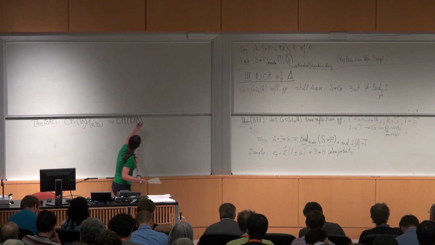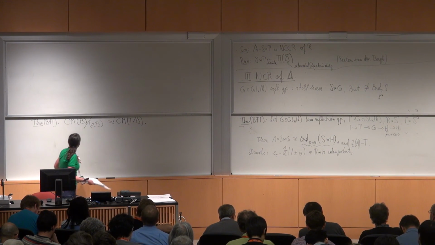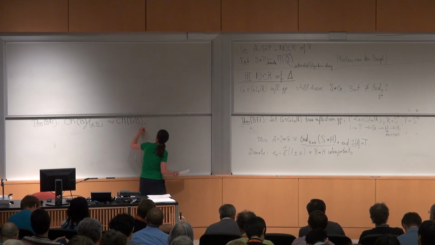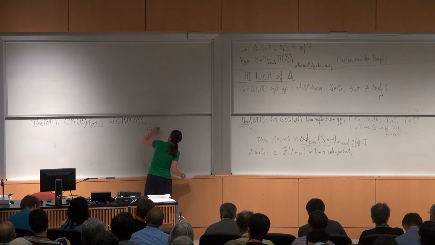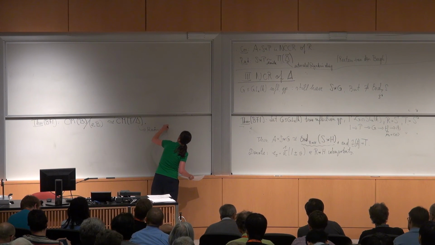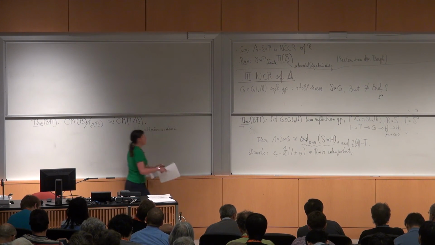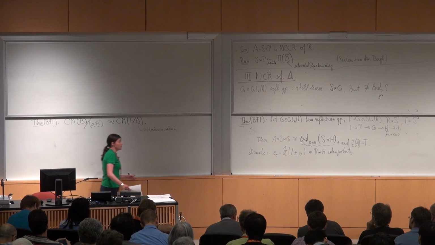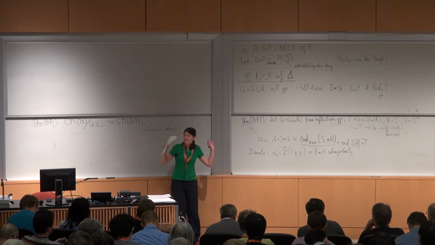This is following work of Nora, who did that in dimension 2, and we now extended that to dimension n. And so now the rest is more or less easy.